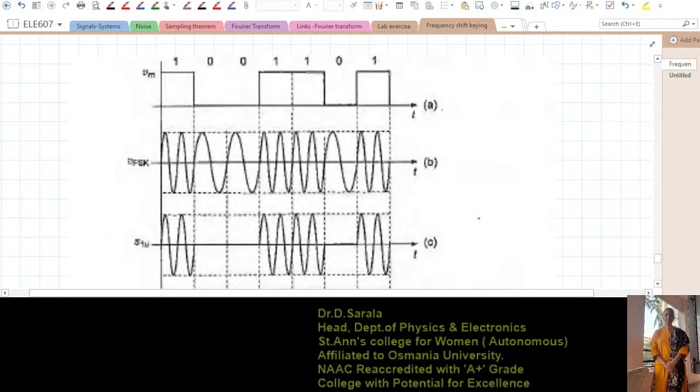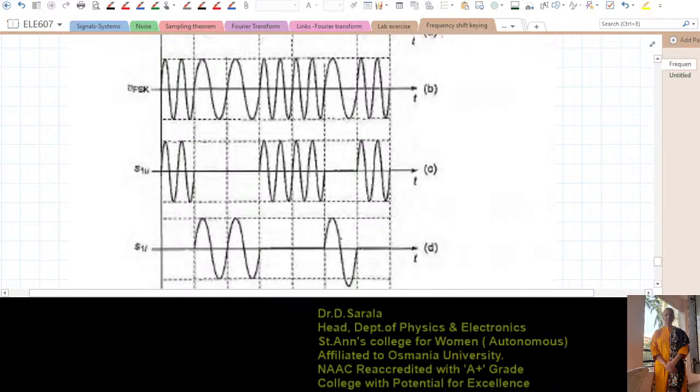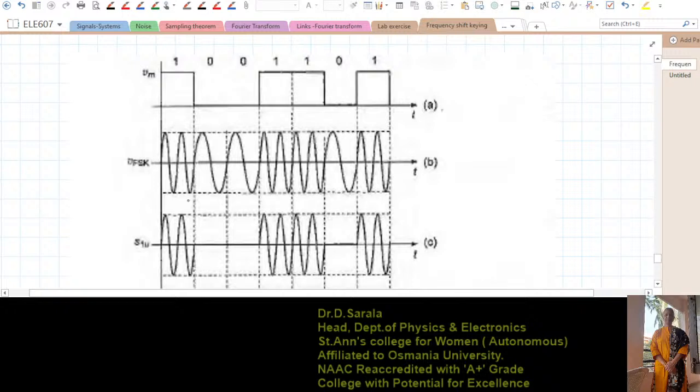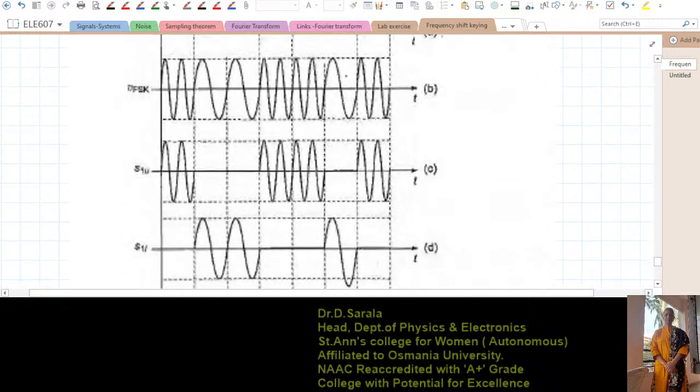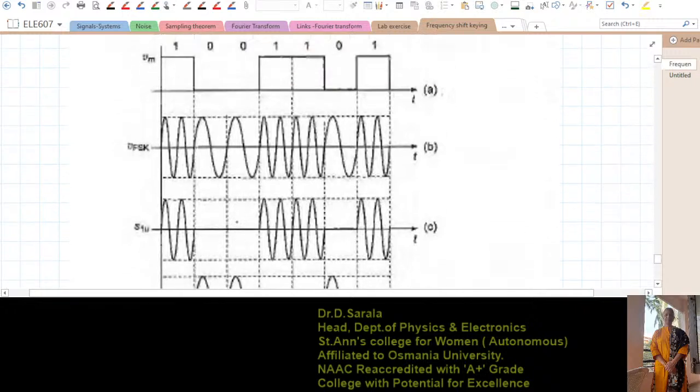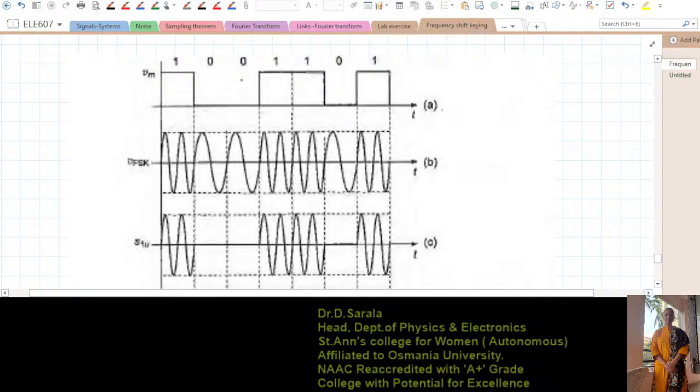So in a graphical representation, this is first FSK, this is S1U. So when there is no signal, it is 0. When there is signal, it is high. When this is 0, this is 0. Now what will happen to the filter component? Since this is blocked, this will be allowed, this will be allowed, and it is proportional to the original signal.